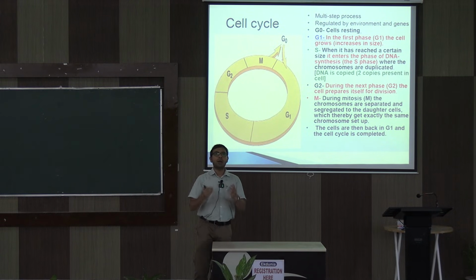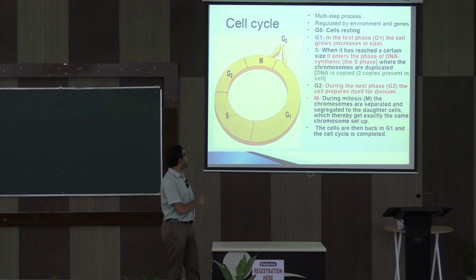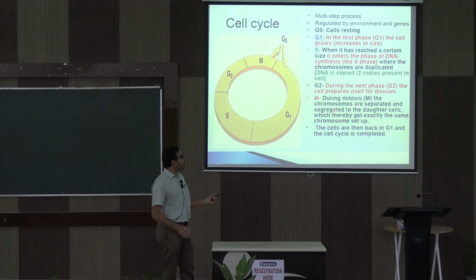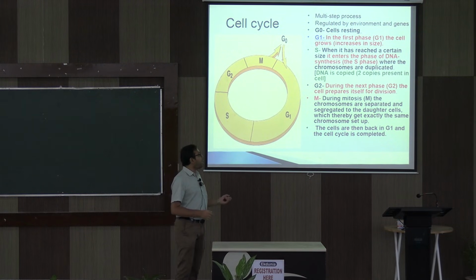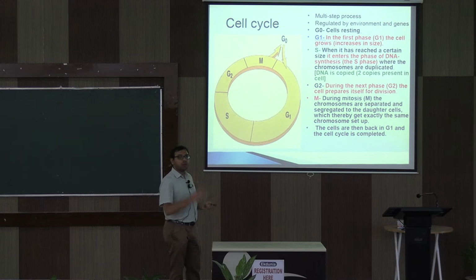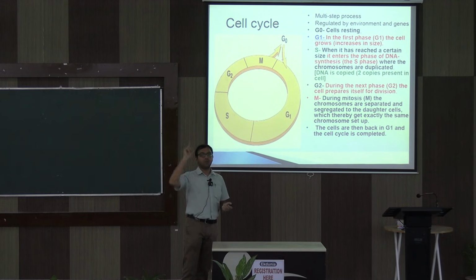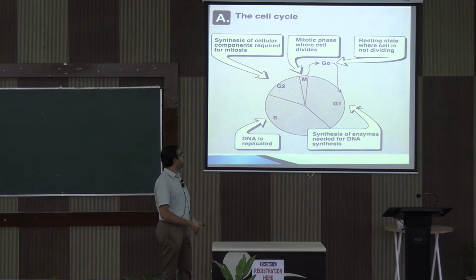Just prior to division, it comes to the mitotic phase, or M phase, where the actual division happens, where the chromosomes are separated and segregated to the daughter cells. Then some of the cells go to the G0 or resting phase, and some enter G1 again, and this is how the cell cycle continues.